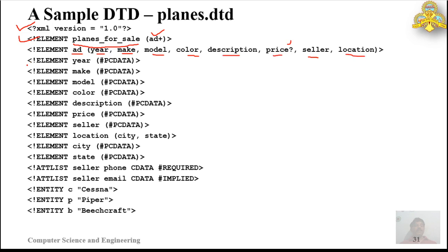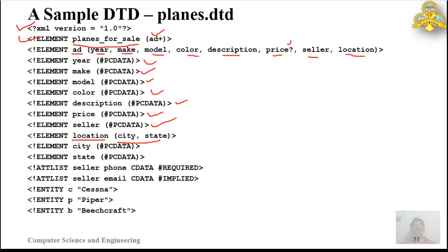Year is #PCDATA, nothing but a leaf node. Make is parsable character data, that is, make is a leaf node, model is a leaf node, color is a leaf node, description again a leaf node, price is a leaf node, seller is a leaf node, but location is an internal node, so it contains a list of child nodes.